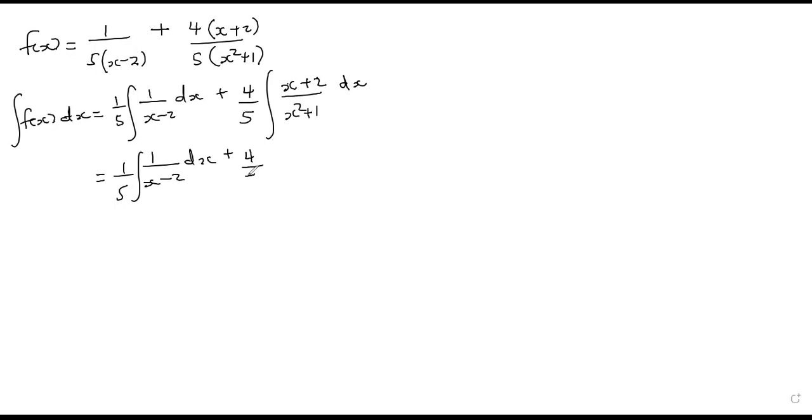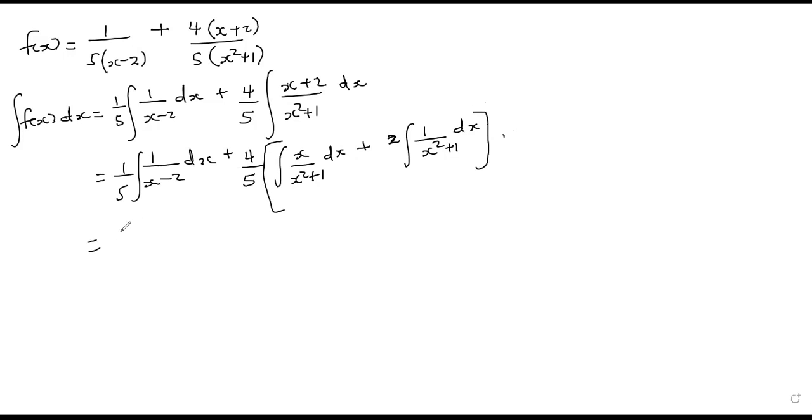plus 4 over 5. Since 4 over 5 is affecting everything, I can say into the integral of x over x squared plus 1 dx plus 2, because it is 2 over this. So I can say 2 integral of 1 over x squared plus 1 dx.